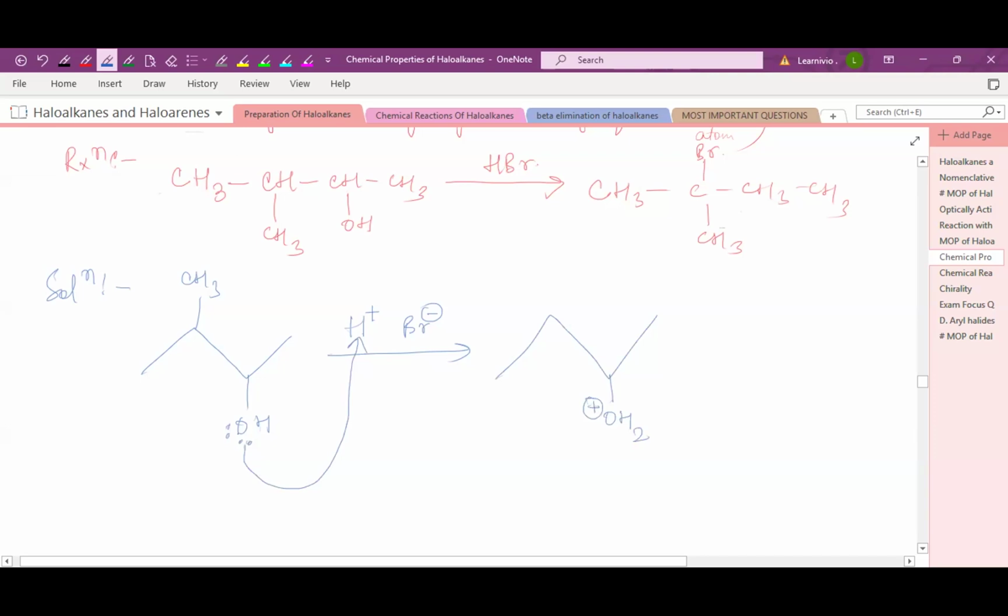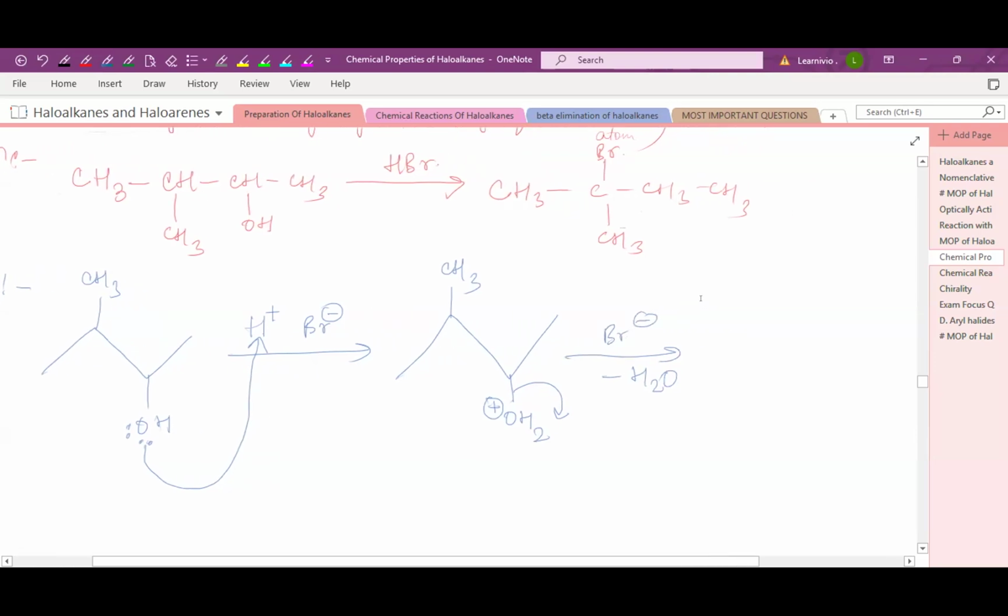OH2 plus has one more hydrogen on the oxygen, which is unstable. This OH2 bond is unstable, so due to the instability, water will be liberated from here. Dehydration will occur, and this water will be removed, minus H2O. Now it has Br minus, right?